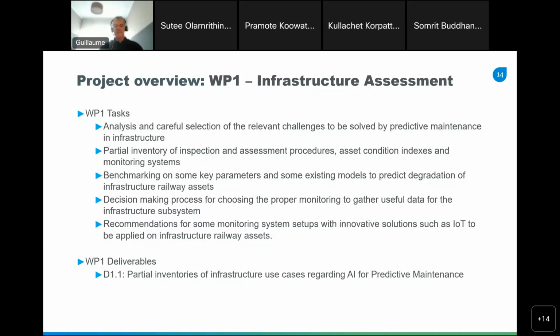So one of the WP1 deliverables will be the partial inventories of the use cases on the infrastructure domain. I will show some slides later on.